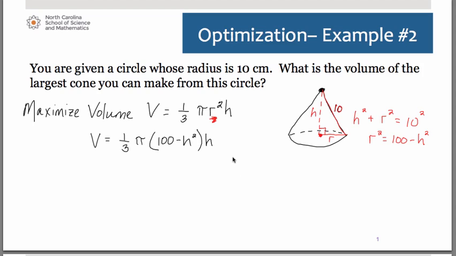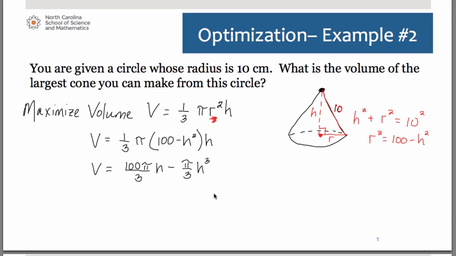Rewriting the primary equation then, we have the volume equaling 1/3 pi times the quantity 100 minus h squared, which was the r squared, times h. Let's simplify that a little bit, and we'll go ahead and distribute both the 1/3 pi and the h. Therefore, we get 100 pi over 3 times h minus pi over 3 times h cubed.